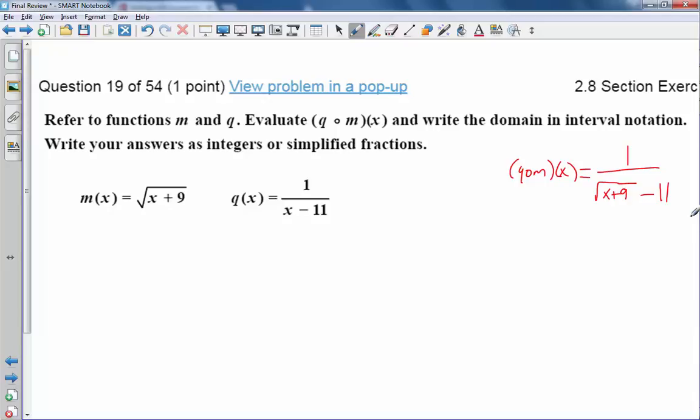Okay, let's check. I'm starting with the definition of Q, what Q circle M means. Q circle M means M is going into the belly of Q. So you're making Q, but instead of Q of X, M of X entirely is going in.